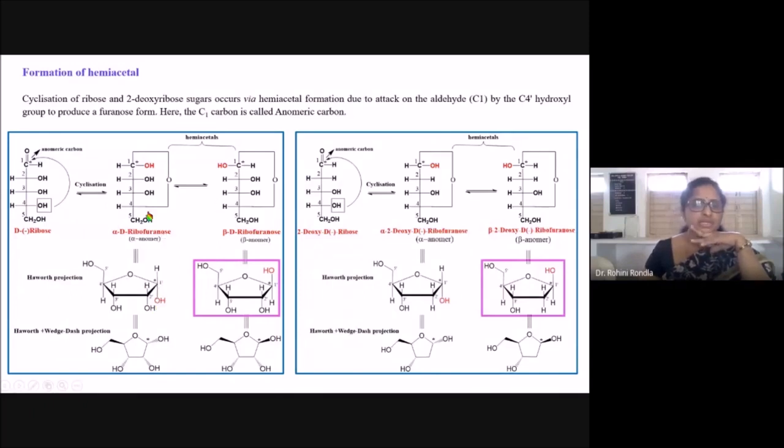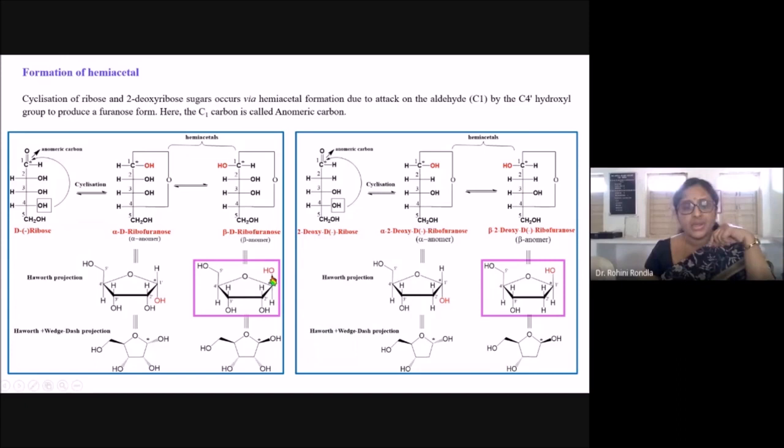Here I am showing the Fischer projection formulae, Haworth structures and Haworth wedge-dash projection formulas. See the difference between the alpha anomer and the beta anomer. In the alpha anomer, the hydroxyl group is at the right side of the first carbon. And what is the beta anomer? Here the OH group is at the left side. But in nucleic acids, whenever you write, we will represent the structures in this format.